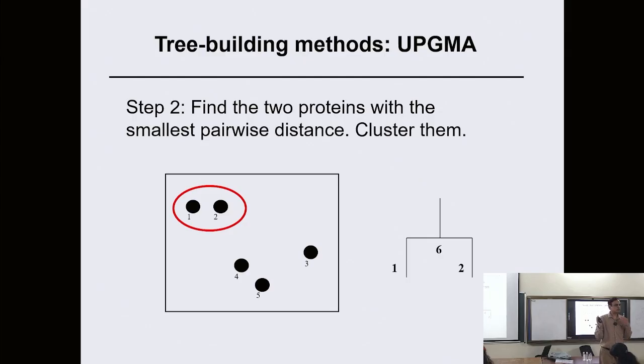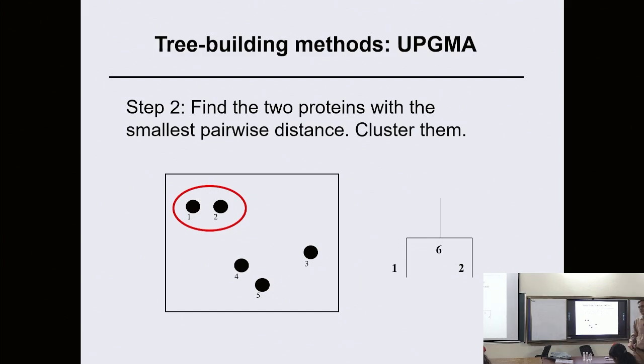So, you would want to consider all pairs and then identify the pair that has the closest sequences. That pair is 1, 2. So, you will place 1 next to 2, and so you are making a tree, and you will create an ancestral node 6.